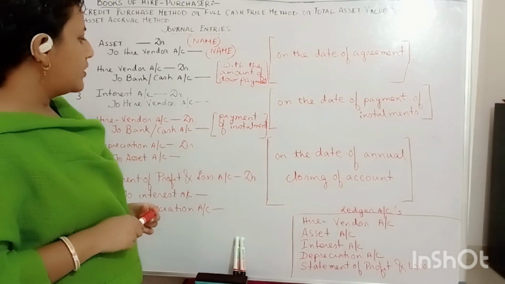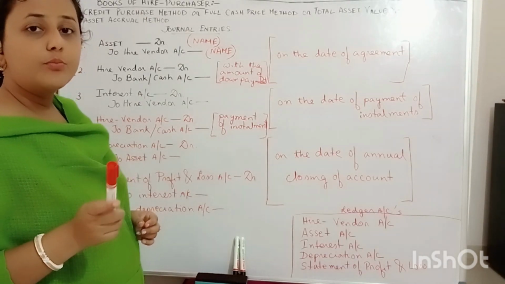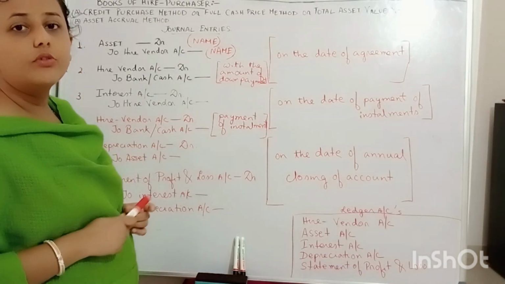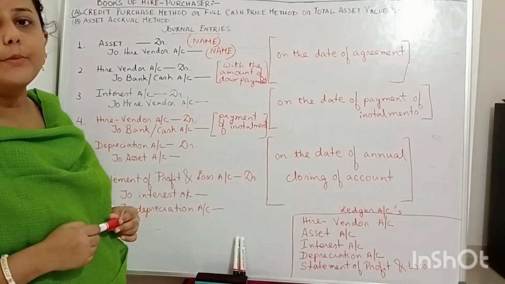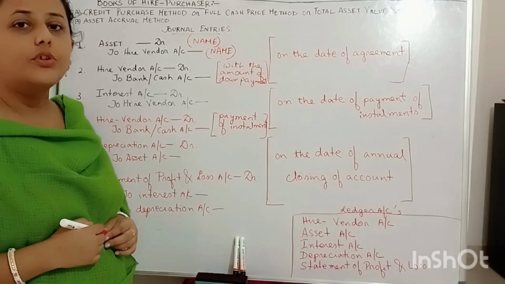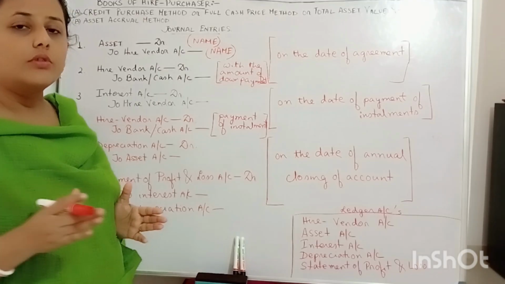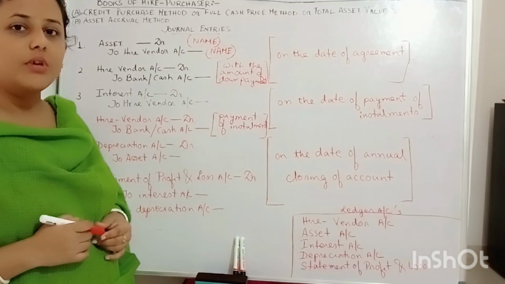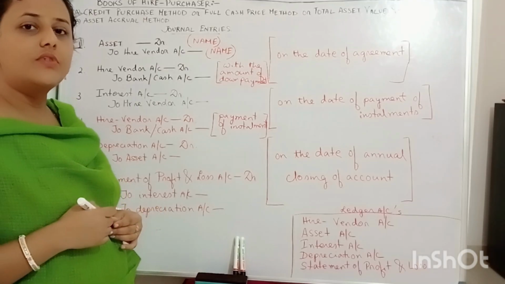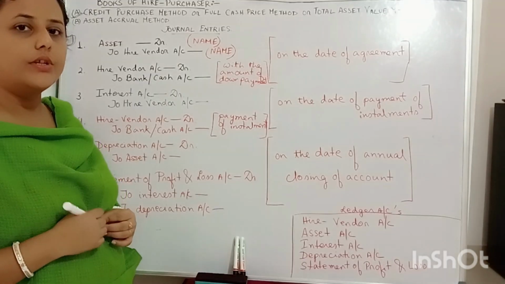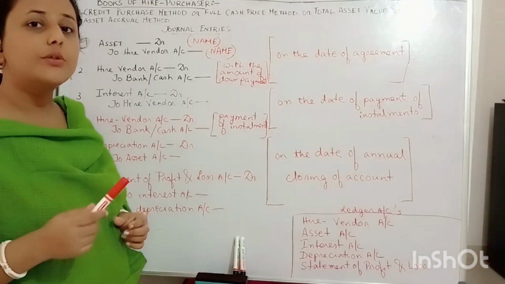And I have explained to you in my last video about the two methods of calculating depreciation. That is on original cost price, okay, the original cost price method. On the cash price of the asset depreciation is calculated, or there is the diminishing balance method.